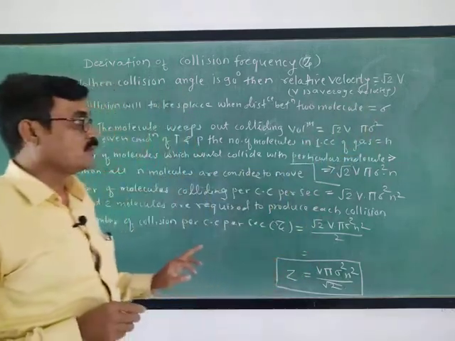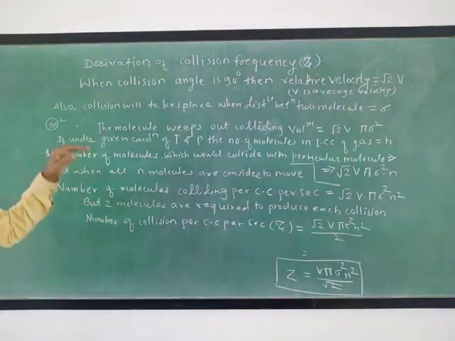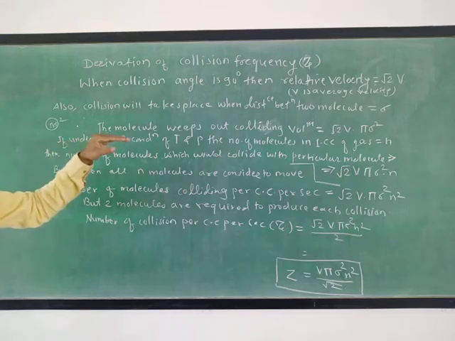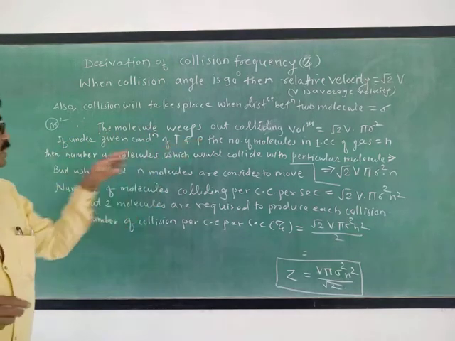That is, √2 v π σ² is the volume swept out by a molecule.